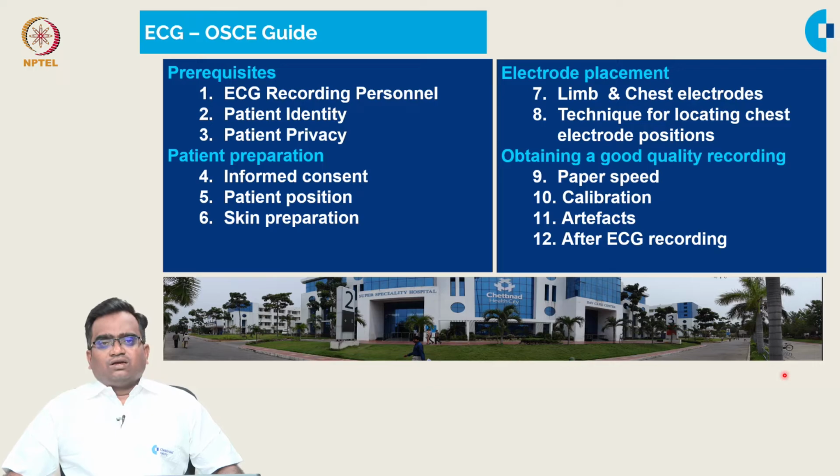Next, how to obtain a good quality ECG recording. In that we are going to see what paper speed to keep while recording, how to calibrate the ECG machine and how to avoid artifact. After recording the ECG, we are going to see the steps to be done, one by one.